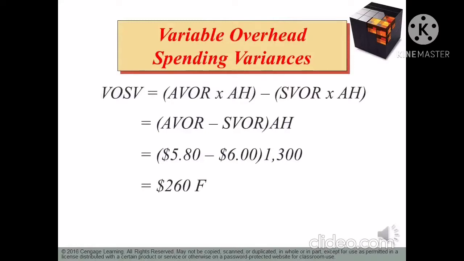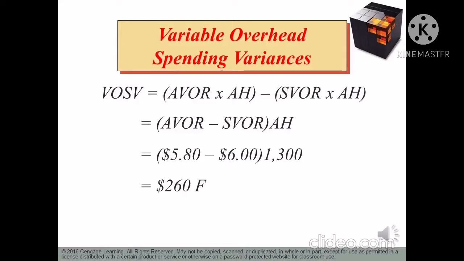Next is variable overhead spending variance, where the formula is AVOR minus SVOR, multiplied by AH. The actual variable overhead rate you have to find by yourself, where you divide the actual variable overhead cost by actual hours worked, because it is to find the rate for every hour.